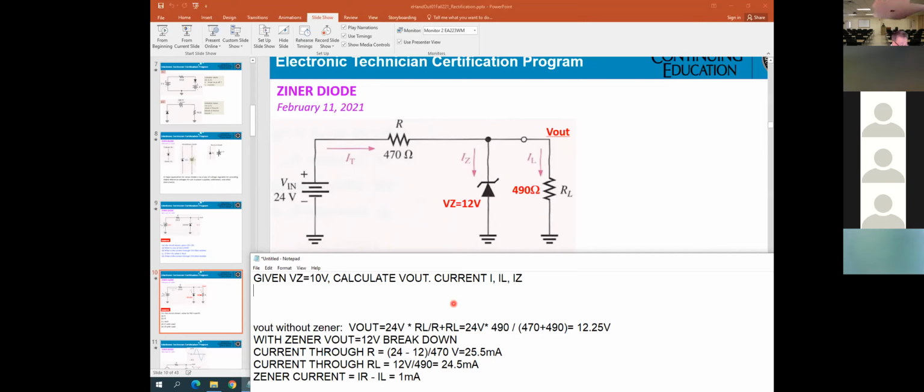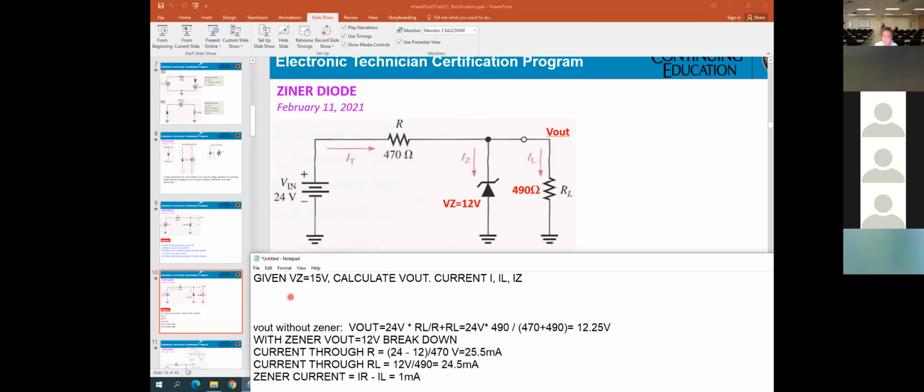Okay. So in this case, I'm sorry, I can get given VZ equal 15 volt.